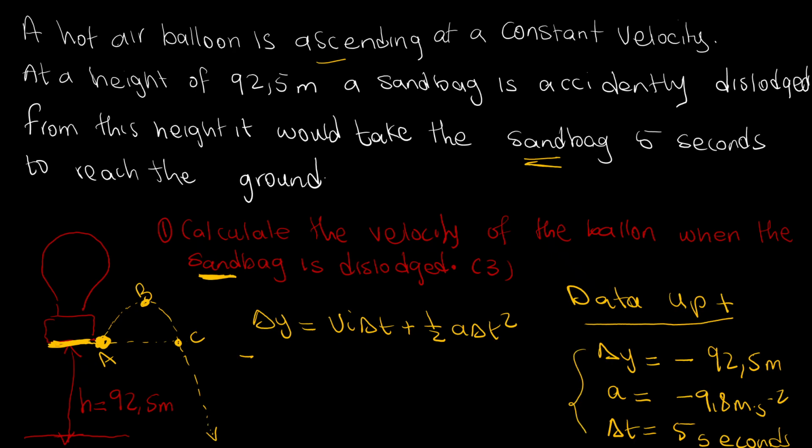So this will be negative 92.5 equals v initial, which is what we are looking for, times my time, which is 5, plus 1 over 2 times negative 9.8 times 5 squared. Now I need you to work this out and calculate your v initial.